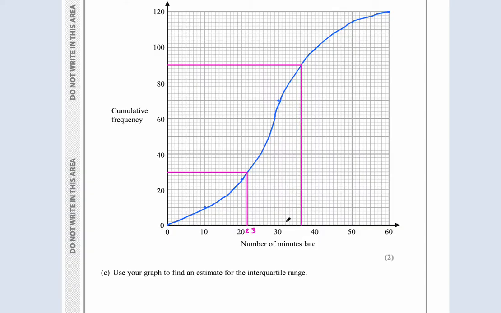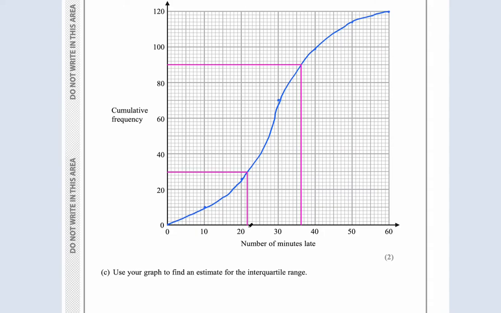No, I realize I've made a mistake. These are going in ones. So let me just erase this. That is 21, 22. Let's just say 22 for now. And this guy is 36.